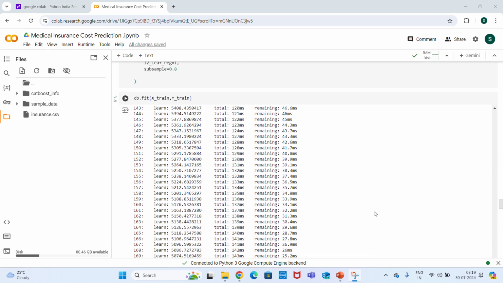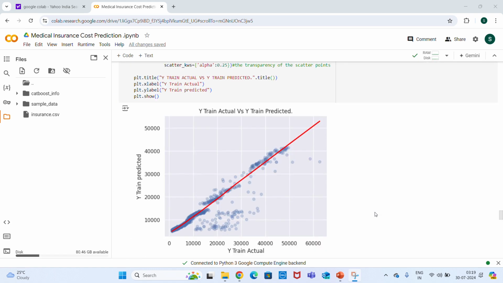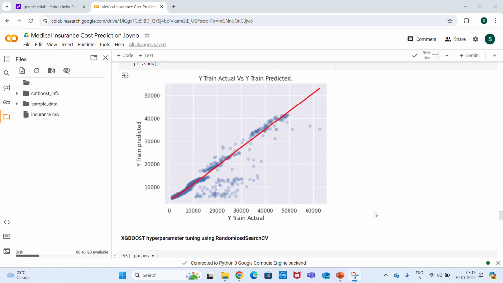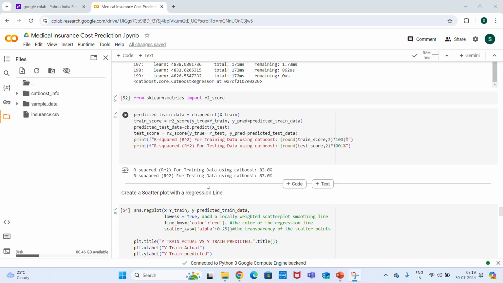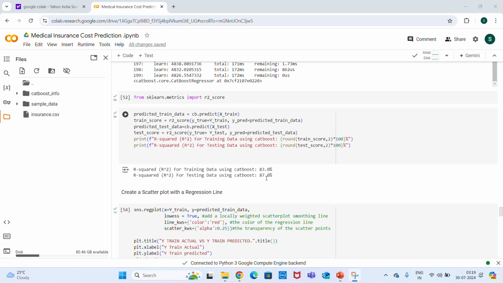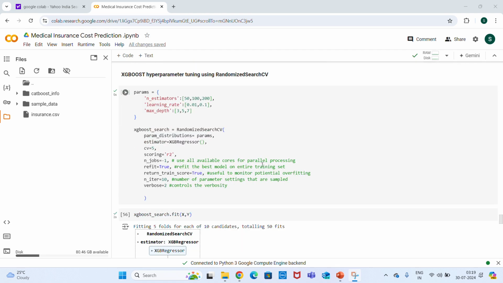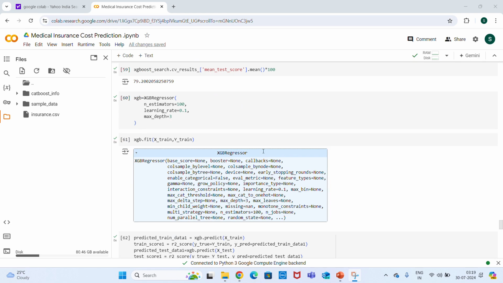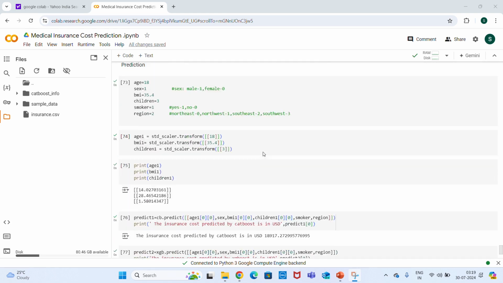After that, a scatter plot with regression line. A scatter plot with regression line is created to visualize the actual versus predicted values for training data. So this is the R-squared value, and this is a scatter plot with regression line. Same with XGBoost also, and same with SVR models.